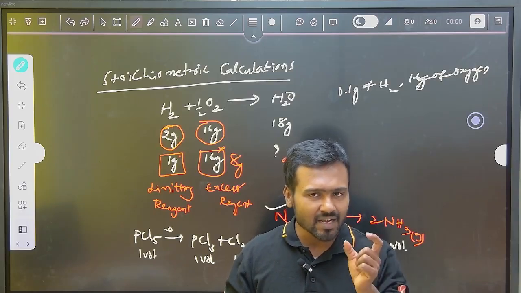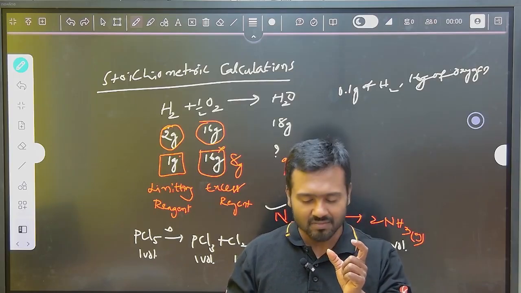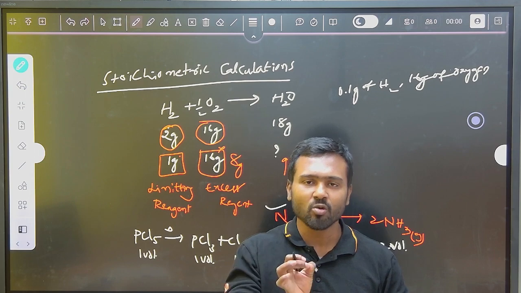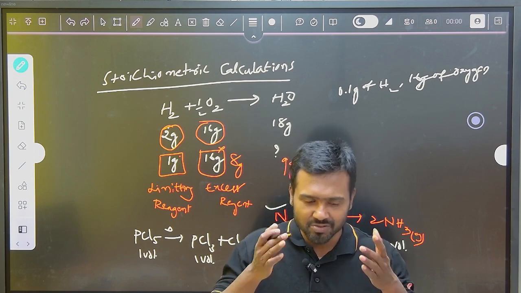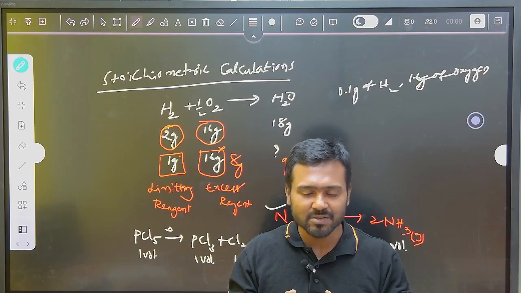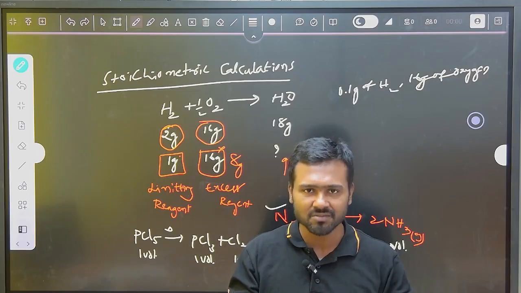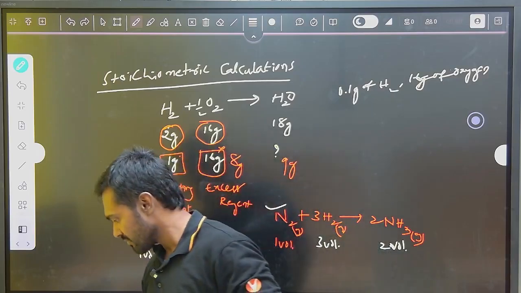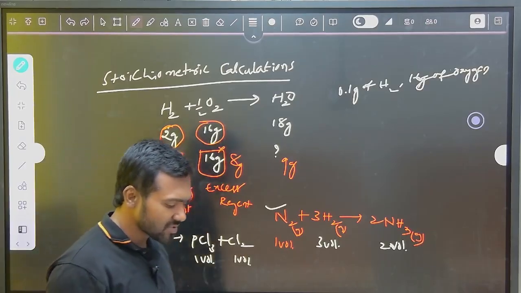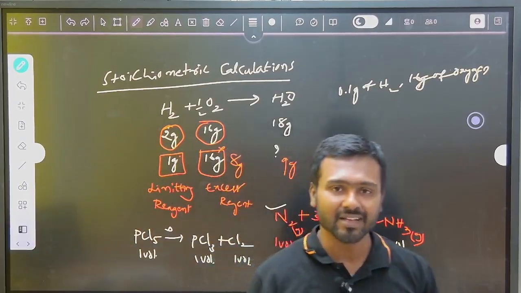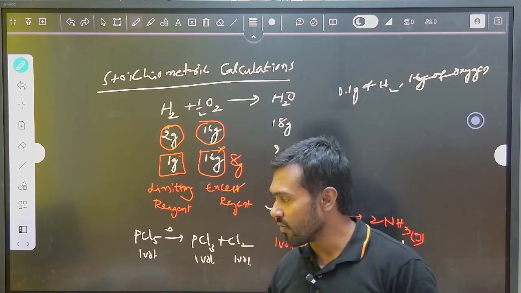If they say it is a complete combustion, that means O2 is in excess quantity, because complete combustion takes place in the presence of excess oxygen. Right, next. So it's very, very important: limiting reagent, excess reagent, and then the volumes.